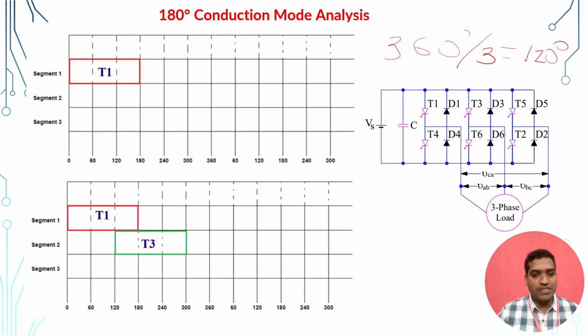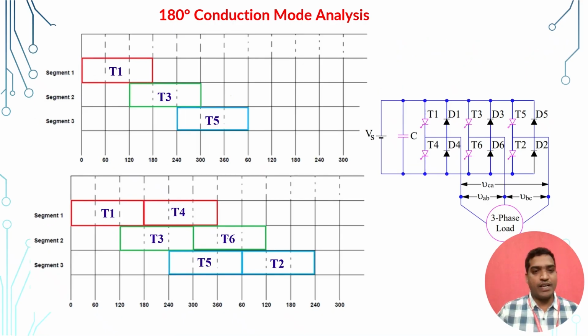T5 starts from 240 degrees to 240 plus 180, which is 420 degrees, that is 360 plus 60 degrees. In that way, we can turn on the positive group thyristors from 0 to 420 degrees.